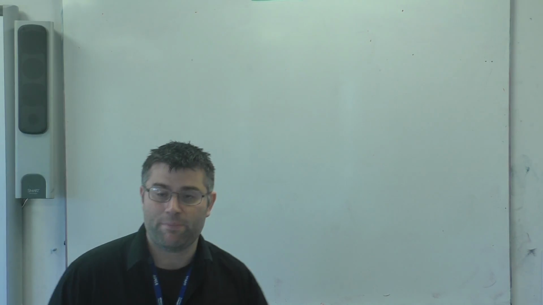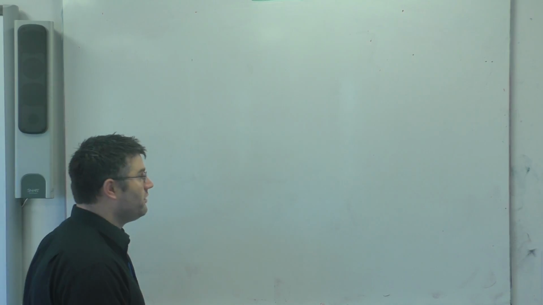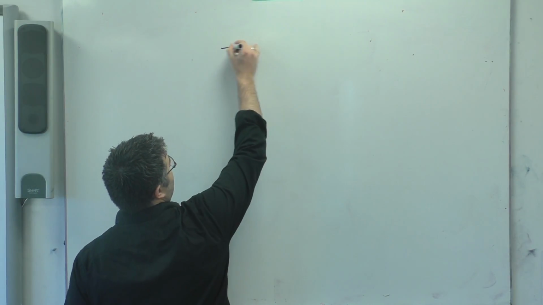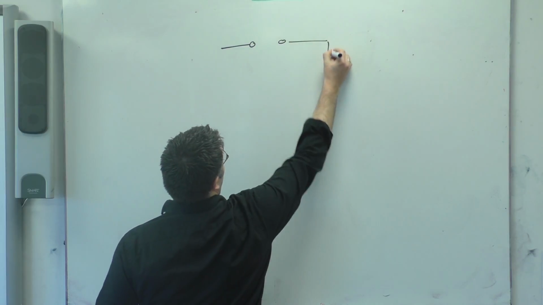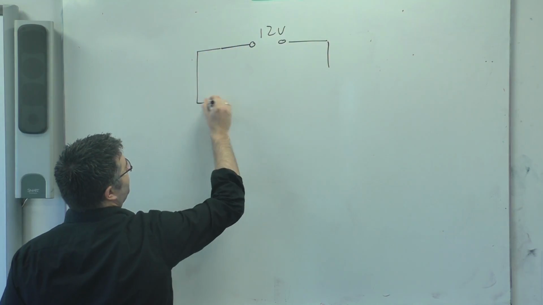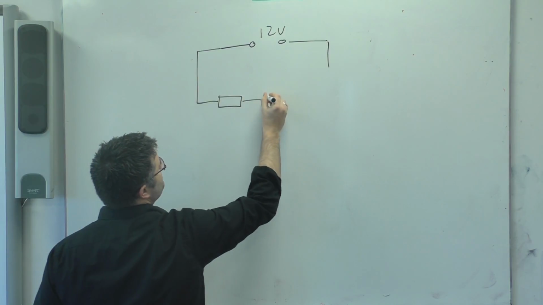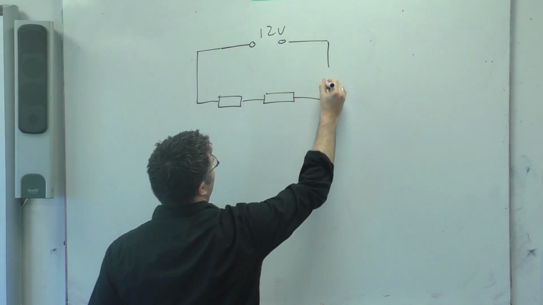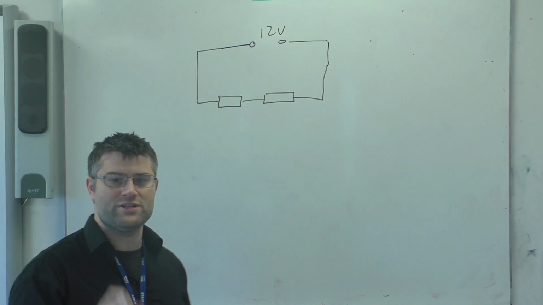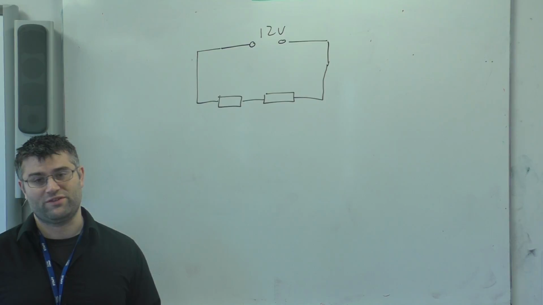Right, well, a potential divider circuit is a circuit that divides potential. So in any circuit you've got a power supply, so we'll just put 12 volts in there, that's fine. We've got two resistors that make up a potential divider circuit. You have to have two resistors to have a potential divider circuit.